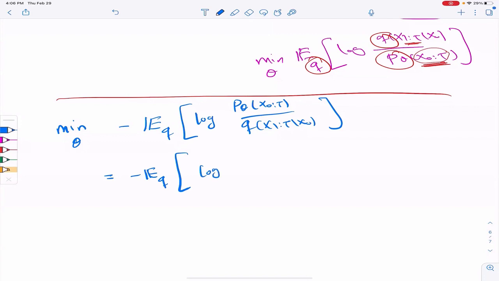So for the numerator, remember P is the modeling that I have for my reverse process. So it is easier to break down the joint distribution from capital T to x0.